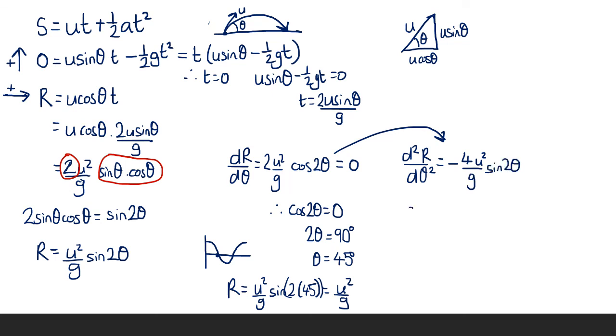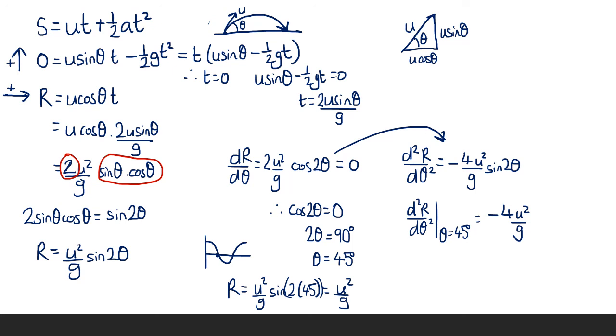And if we evaluate that at 45 degrees, then sine 2 theta again is 1, sine of 90 is 1. So we just got minus 4 u squared over g. Now u is taken in this problem to be a positive value. Well, it doesn't really matter what it is because we're squaring it anyway.